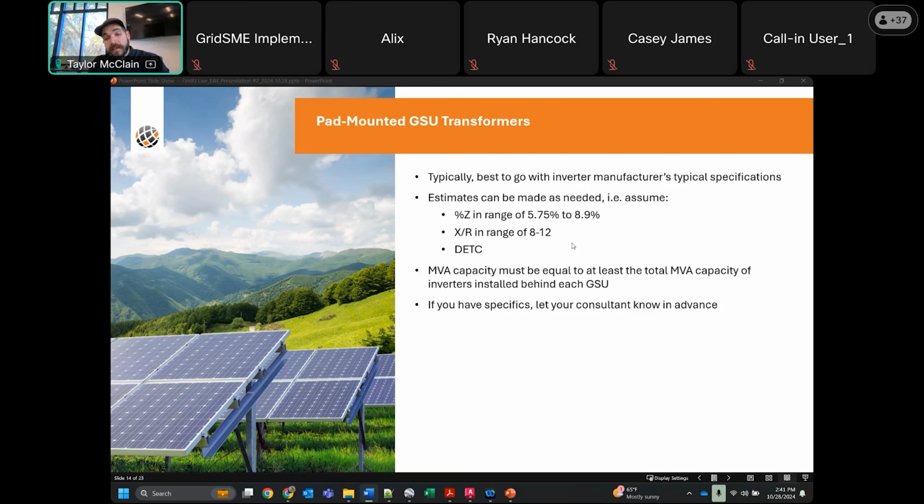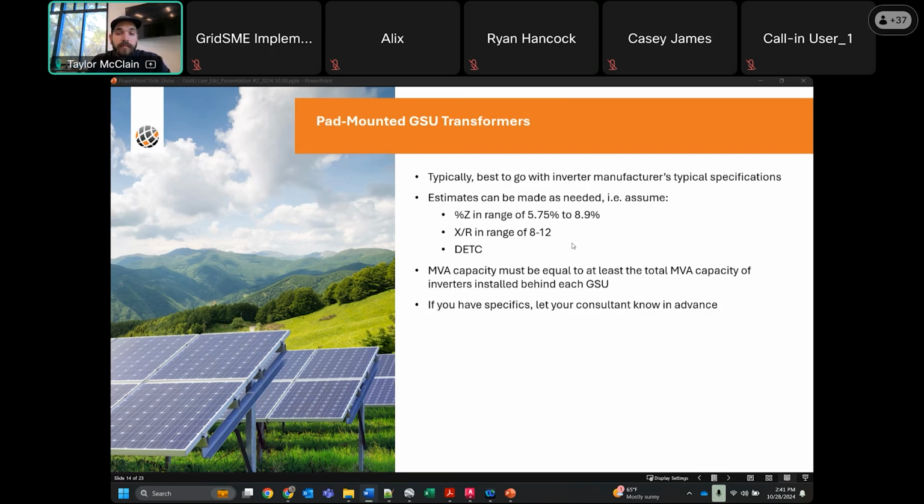The next place where we see some folks go wrong is for the MVA capacity. Even though you may be producing less megawatts out of the inverter than the total MVA capacity of the inverter, you always want to specify your pad mount transformers at the max MVA capacity of the inverter that you're specifying. This will just avoid headaches down the line.